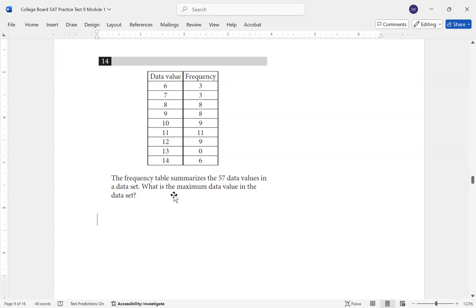But it's just asking us for the maximum data value. So we just need to find the maximum data value where it occurred at least once. The maximum value where it occurred at least once is 14. 14 occurred 6 times, and therefore the maximum data value is 14 in this data set.